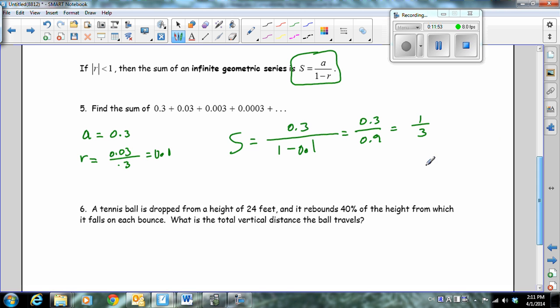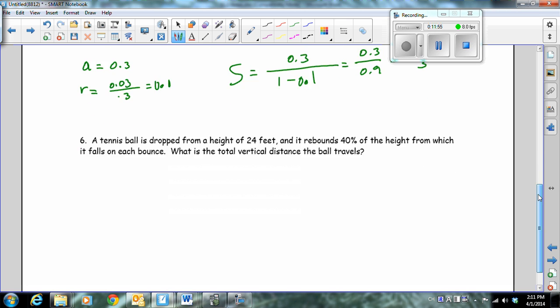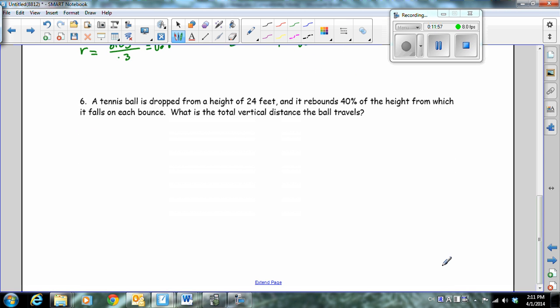Alright, let's look at the next one. The next one says a tennis ball is dropped from a height of 24 feet and it bounces 40% of the height from which it falls on each bounce. What is the total vertical distance the ball travels? First of all, our starting point, or the first value, is 24.